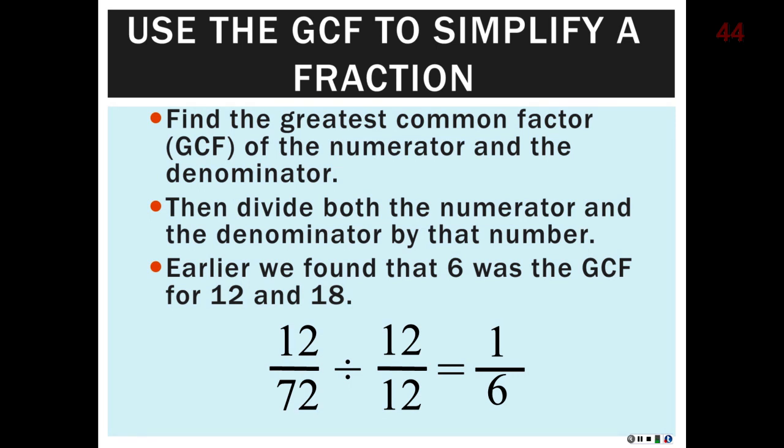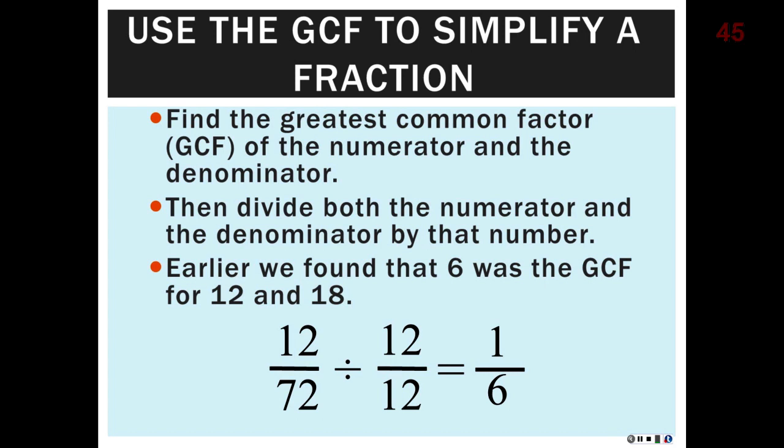Okay, so let's review. It's okay for you to use 6 here, but when you got 2 over 12, you would have to reduce it again by 2. 2 times 6 is 12. 12 is the greatest common factor for these two numbers. So if you do 12 initially, you only have to reduce one time.